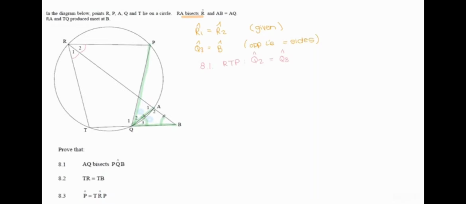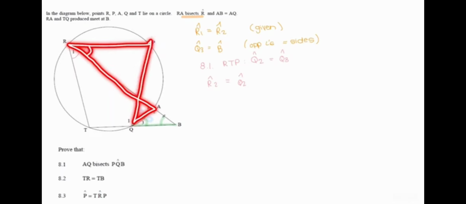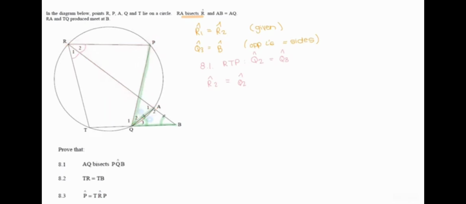Okay, so first things first, I can see that angle R2 is equal to angle Q2. And if we just have a quick look, that's because of angles in the same segment. So R2 is equal to Q2, and I'm just going to give it a variable x, just to make my life a bit easier.